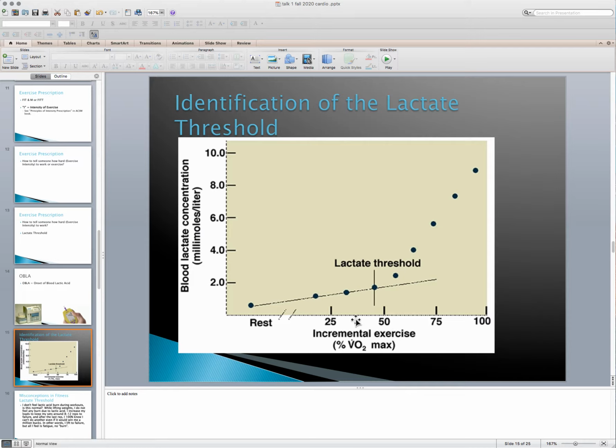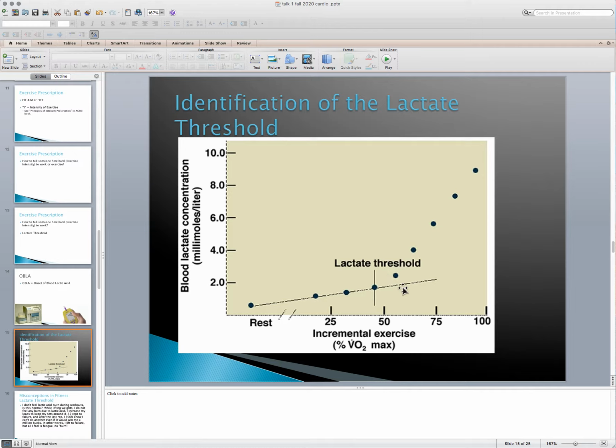And as that exercise intensity increases, here it's being measured as a percent of VO2 max, blood lactate concentration stays relatively constant, but at some point there's this exponential rise in blood lactate. There are some pretty specific definitions of how quickly or how much it goes up, but where you see it going up, as shown in this graph, that would be called the lactate threshold, and it's a marker for exercise intensity.